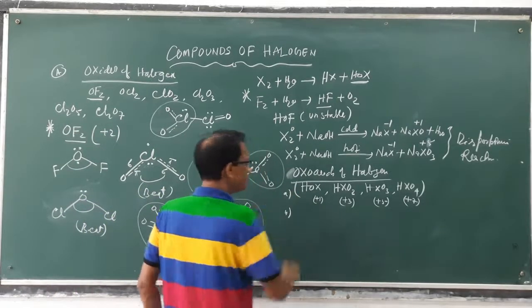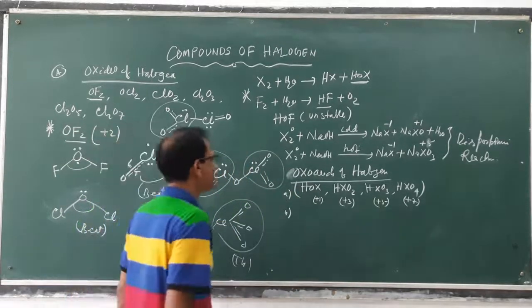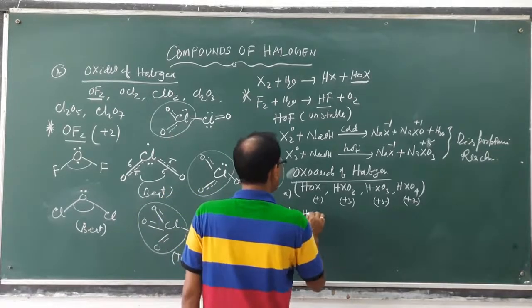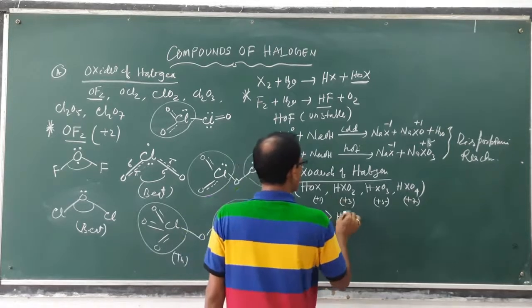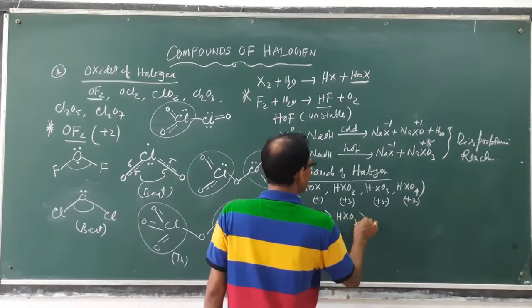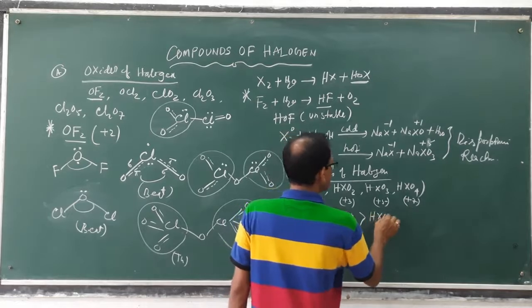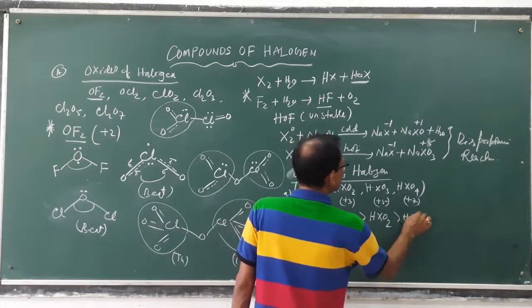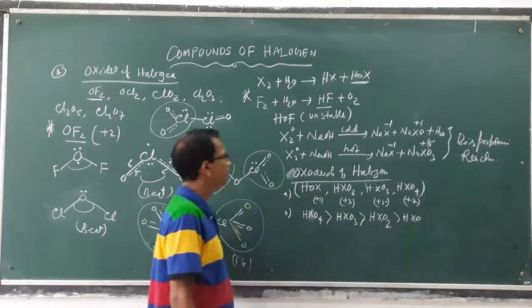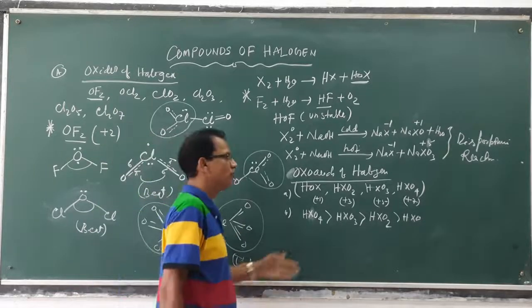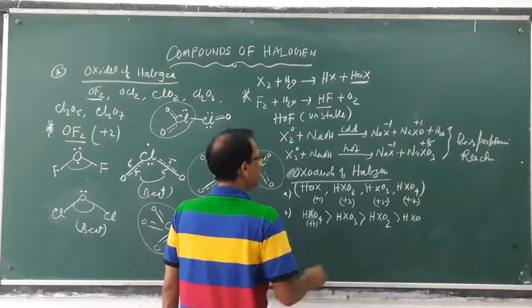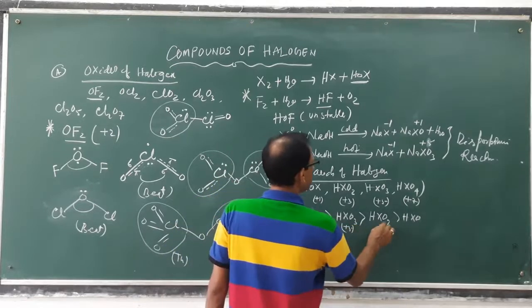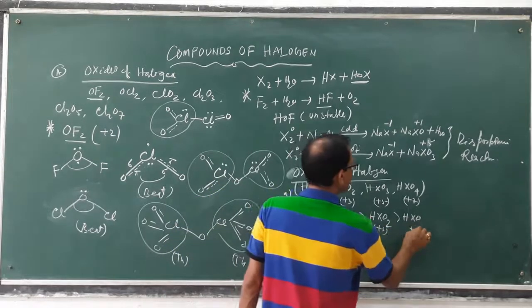Then if you see the acidic character, HXO4 is more acidic than HXO3, more acidic than HXO2, more acidic than HXO. Why? Because the oxidation number is +7, +5, +3 and +1.